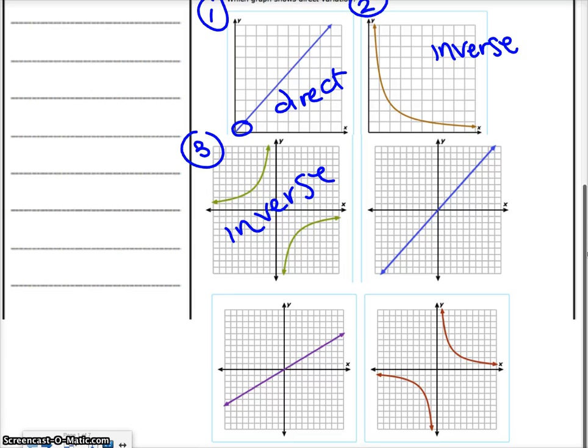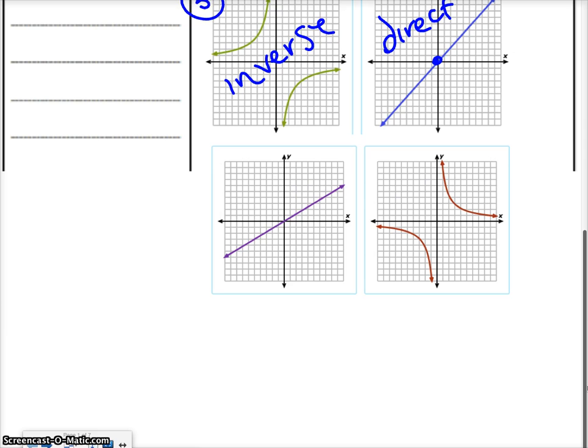What about the next one? And why is it direct? Whoa. Direct, it goes through the origin, goes through 0. Next one? Direct. Goes through 0, direct. Next one? Inverse. Why is it inverse? Yeah, because it kind of curves around 0.